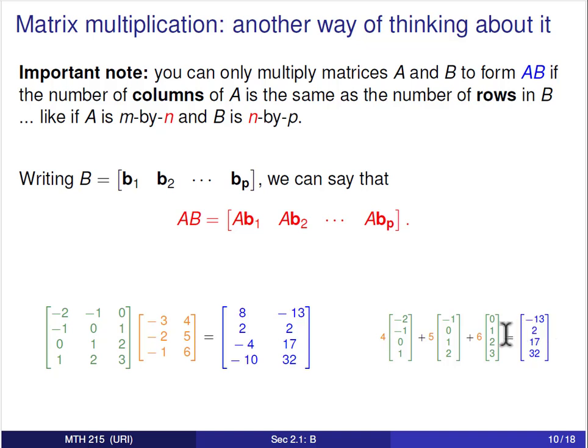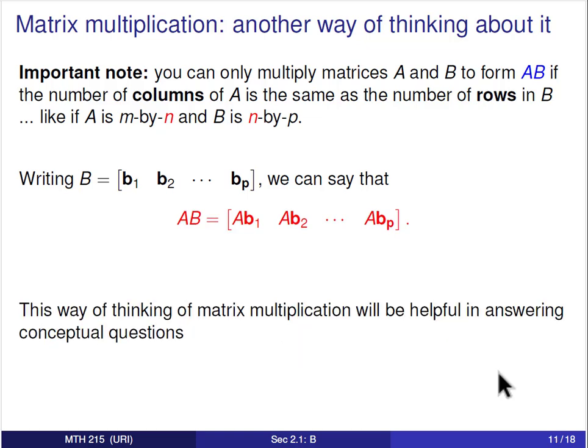So the calculations that you're doing to produce that 2 in this position are the same additions and multiplications whether you use the row column method or whether you use the vector computation on the right. You do get the same answer each time if you're doing it correctly.